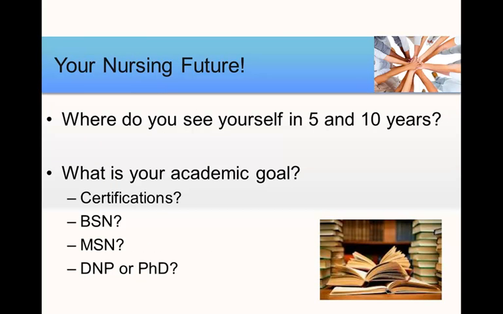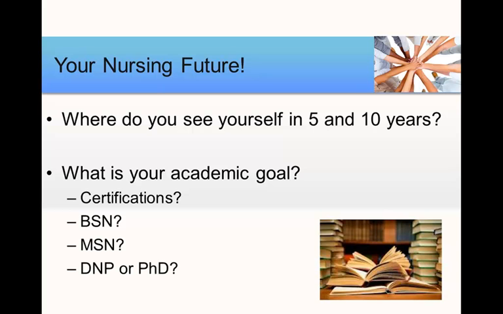You can take a look through that slide. One thing I do want you to take a look at, or at least have in your mind, is where do you see yourself in 5 to 10 years? I think it's important in your nursing future and your nursing goals right now to know where you'd like to potentially be in 5 to 10 years. What is your academic goal? And that doesn't mean that you have to go on and get your bachelor's, master's, or doctorate's degree.